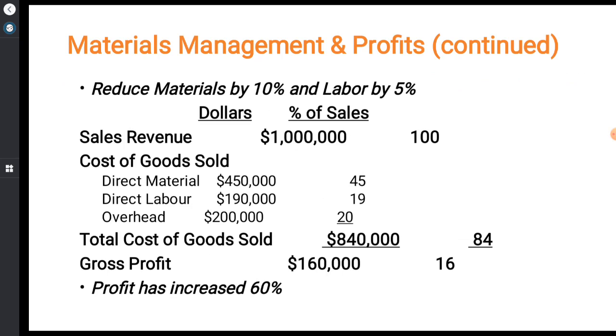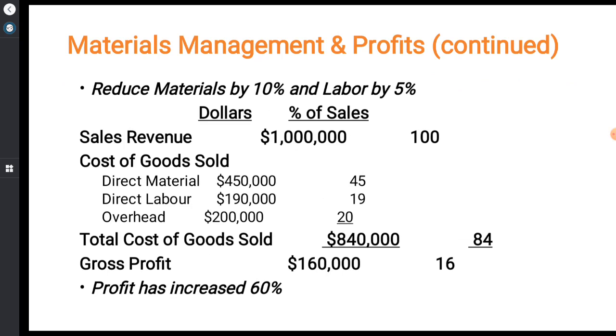Here, direct material was 500,000 US dollars. If we reduce it by 10%, that is, we need to reduce $50,000, and this will leave us with $450,000, representing 45% of the $1 million sales.